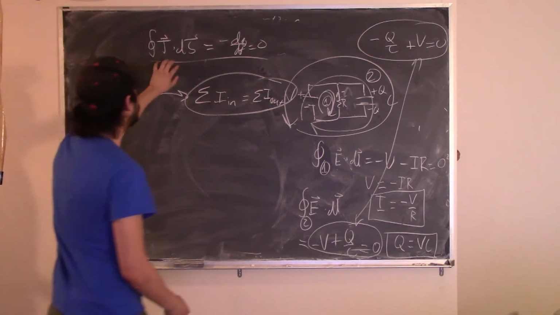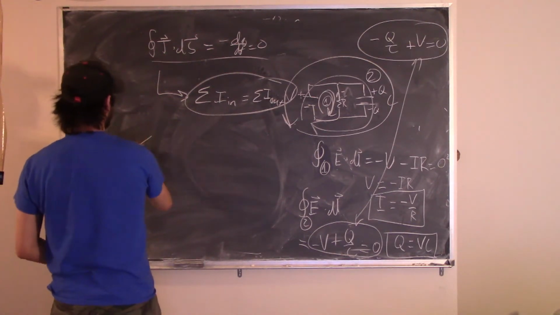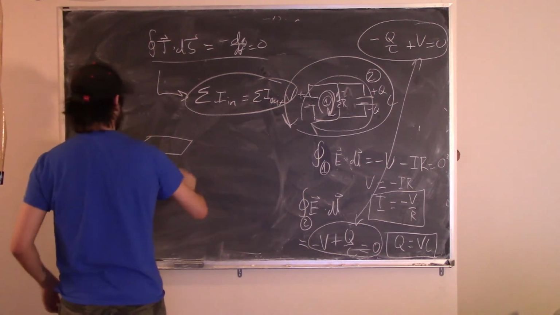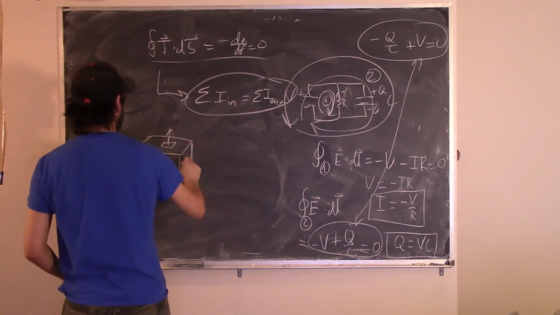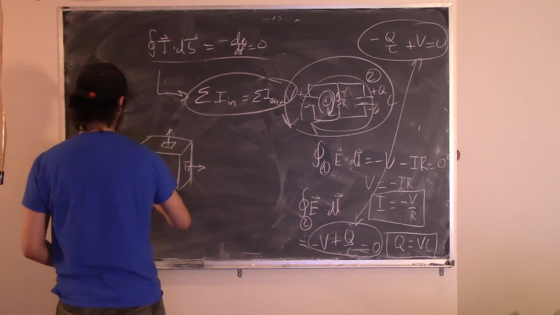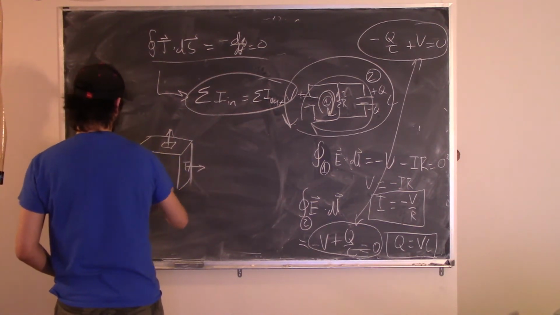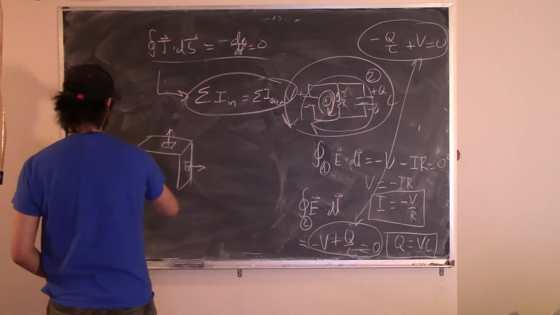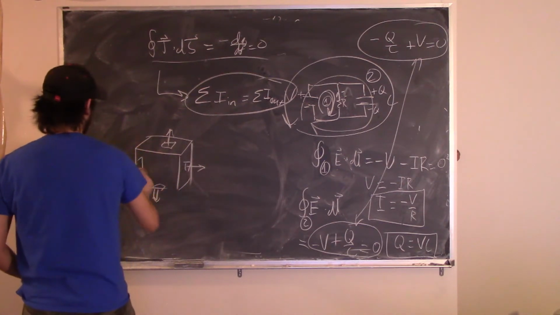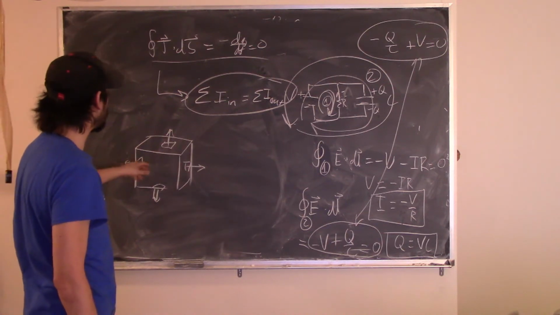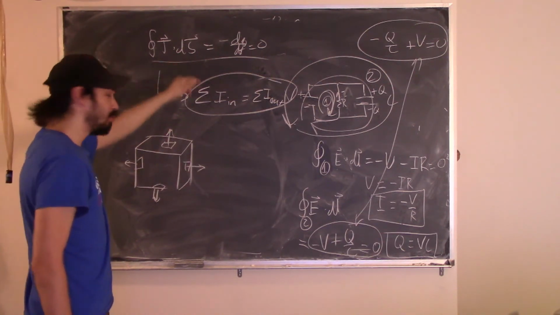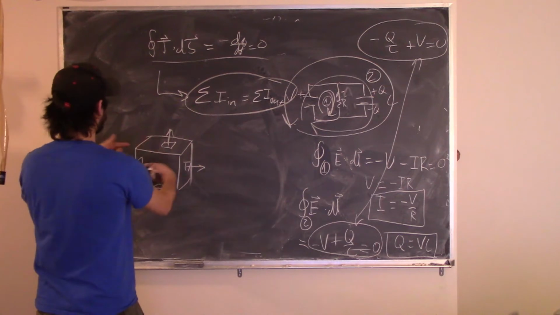Really, what this flux equation says is that consider some box, and this is the same thing as we had when we did Gauss's law, when we were talking about boxes. Anything that goes into this box is going to be negative, because the ds vector always points out.